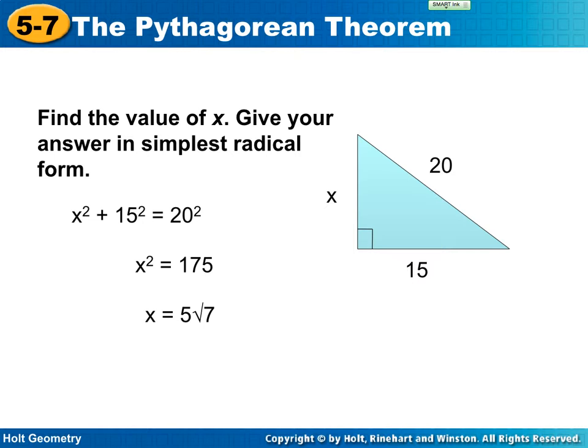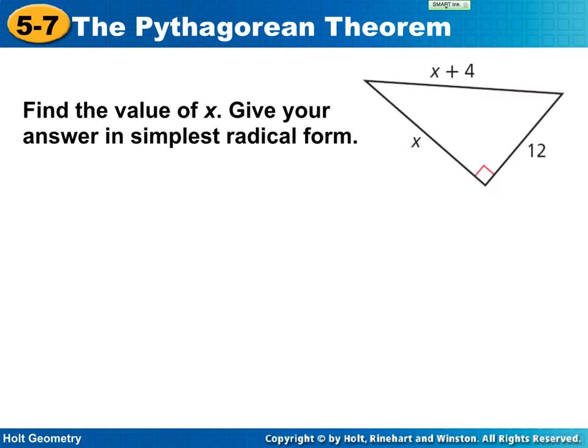Okay, how about one that's algebra related. Feel free to put it in your notes. But keep your board handy, probably put some final answers up again. And so which one's the hypotenuse? x plus 4.